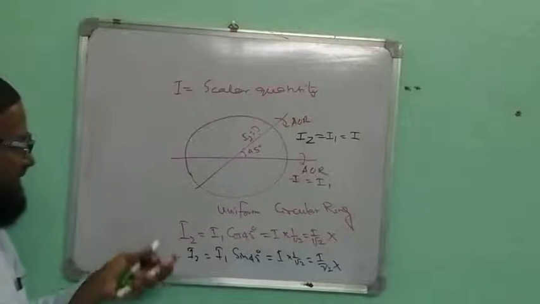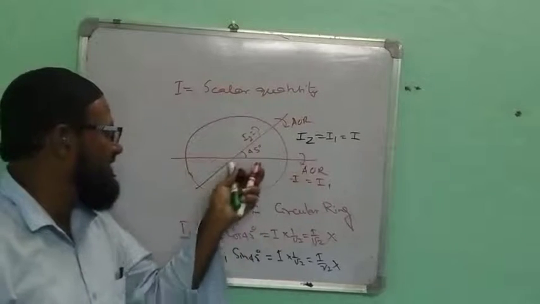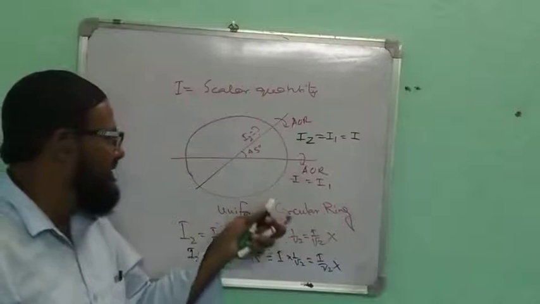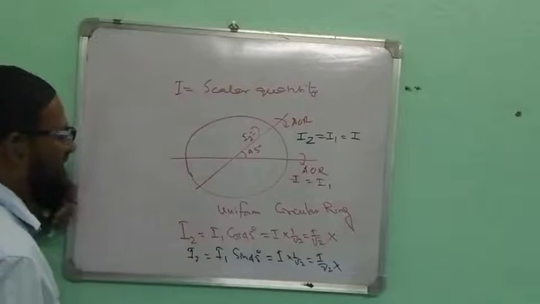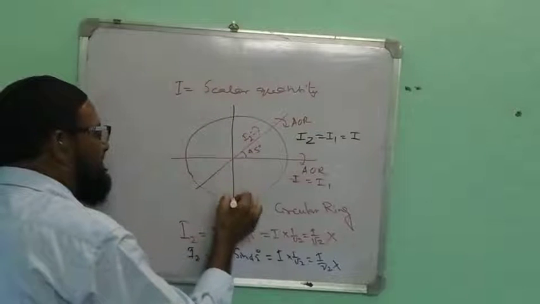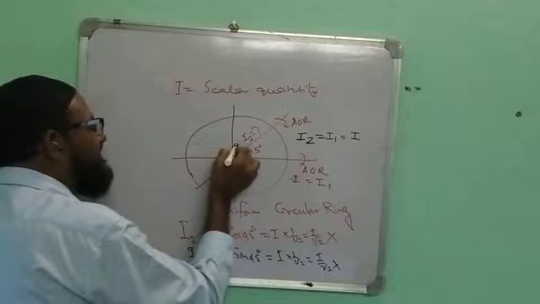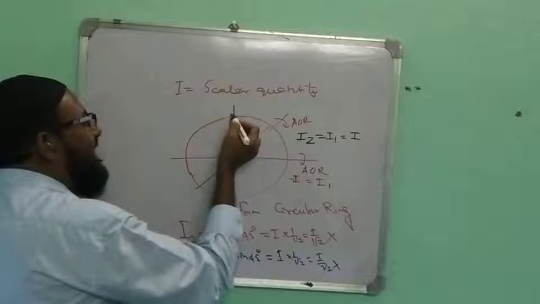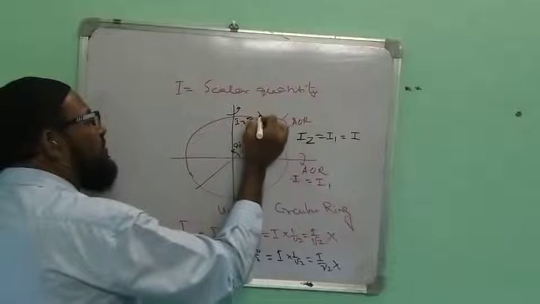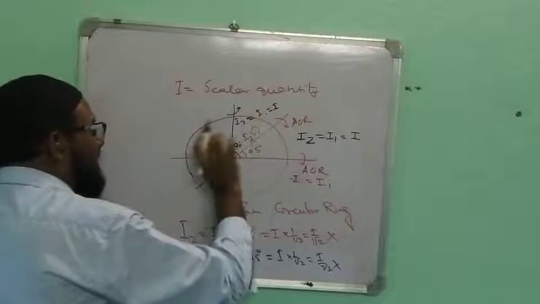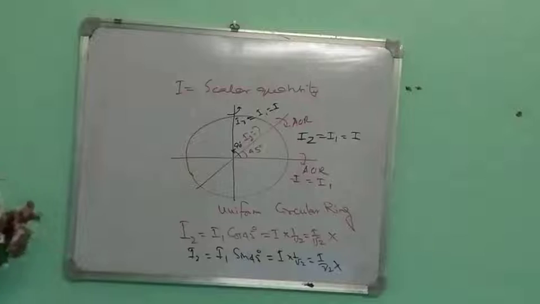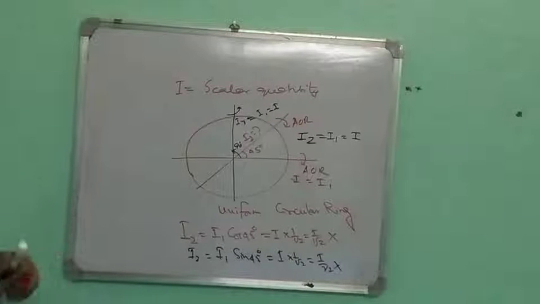Suppose some student asks, this is 90 degree, this is 90 degree, with respect to this I3. This is also I1 equal to I. This is also a diameter. All the diameters of a circle are identical.